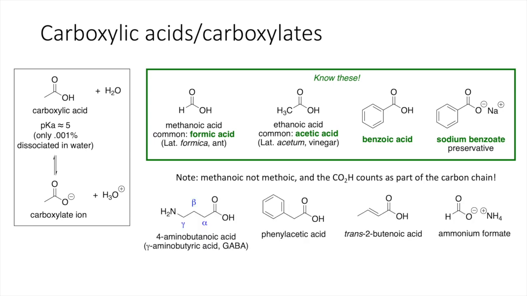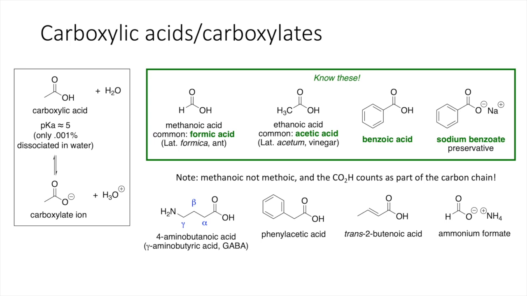So here are some examples. Left to right, you can see 4-aminobutanoic acid. This is butanoic acid because there are 4 carbons there. The amine group is at number 4. The carbon of the carboxylic acid is always carbon number 1 in our numbering system.